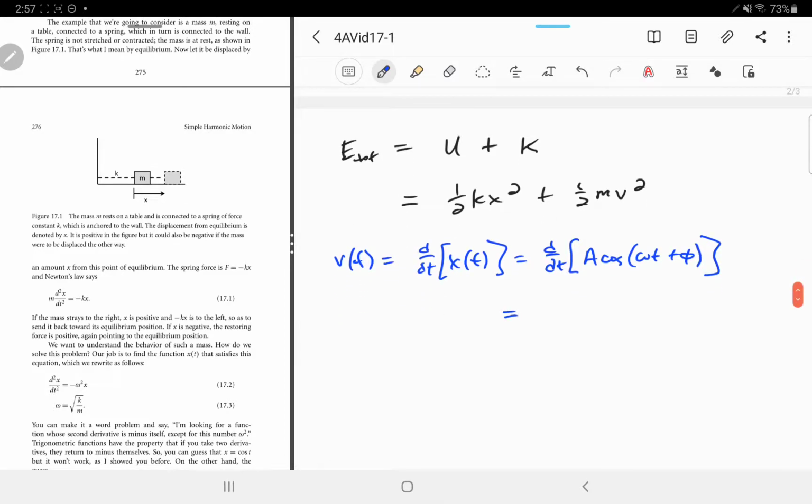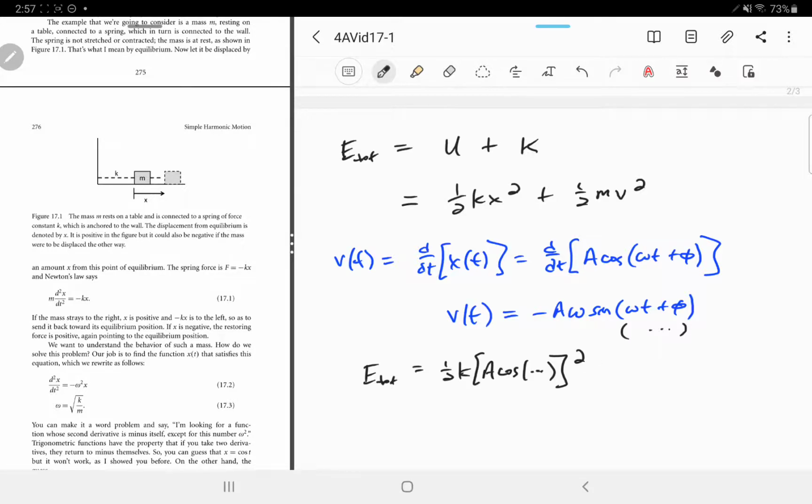So from the chain rule, we get a factor of omega, and the derivative of cosine is minus sine. So this is the velocity as a function of time. Okay, so plugging this back into our total energy equation, we get 1/2 k x squared. It's a cosine, and I'm just going to write dot dot dot for omega t plus phi. Every time I write dot dot dot in parentheses, it's omega t plus phi.